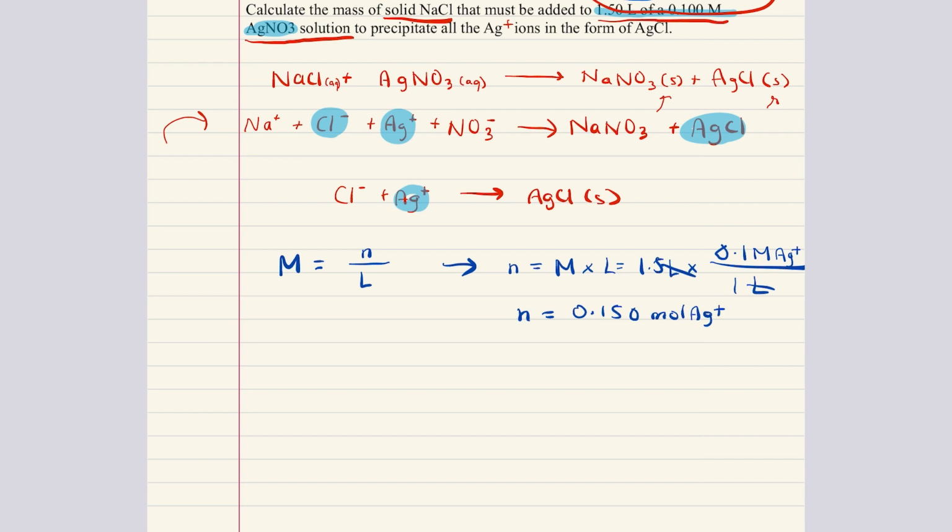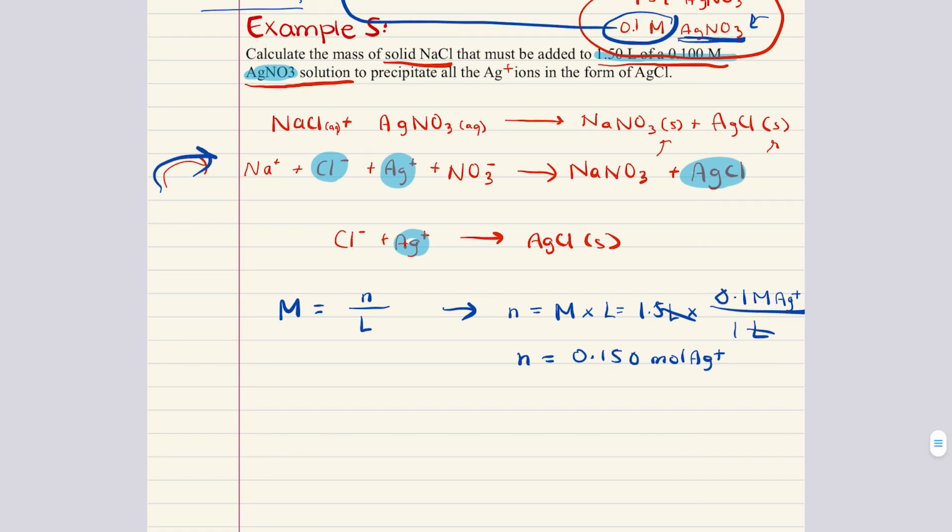Now, looking back at our reaction, this is a balanced reaction. What we notice is we have a 1-to-1 mole ratio between silver and chloride ions. So if we have present 0.15 moles of silver, then what we need is 0.15 moles of chloride.